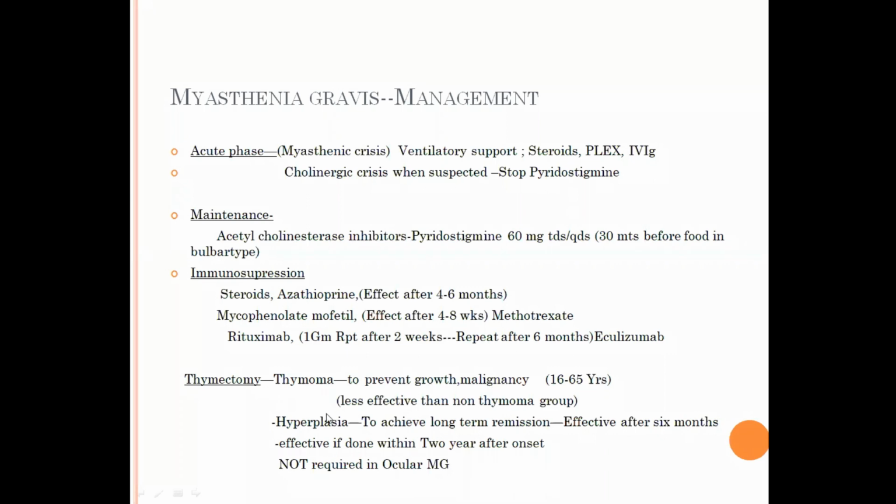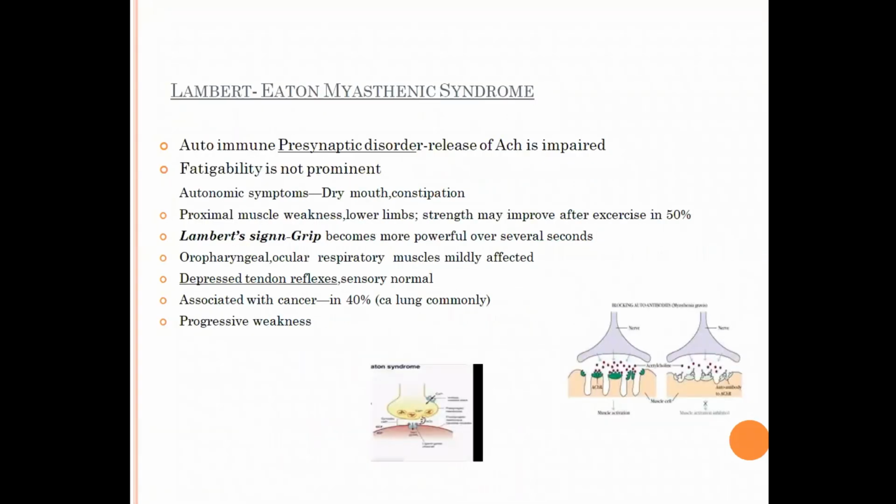But patients who do not have a tumor, only hyperplasia, have got better results after thymectomy than those with tumor. Remember, thymectomy is not required in pure ocular myasthenia and also in the other variety of myasthenia.